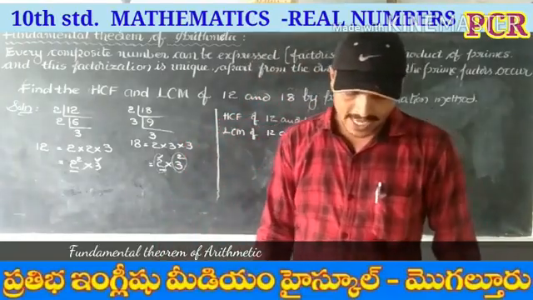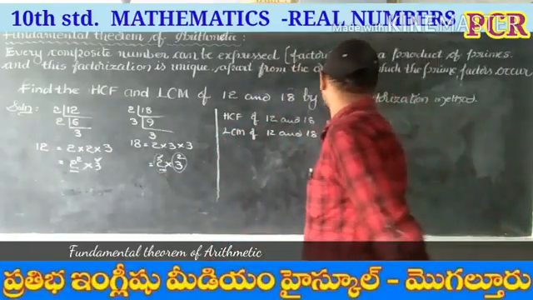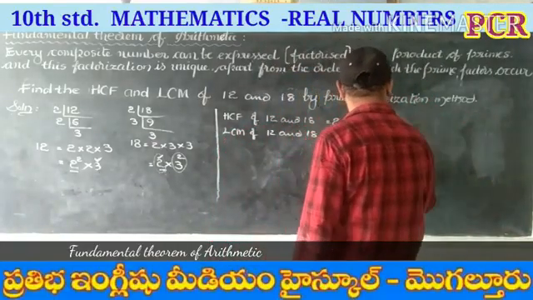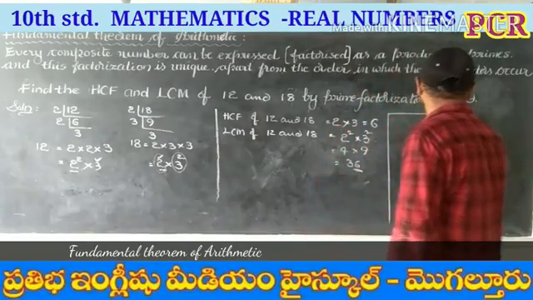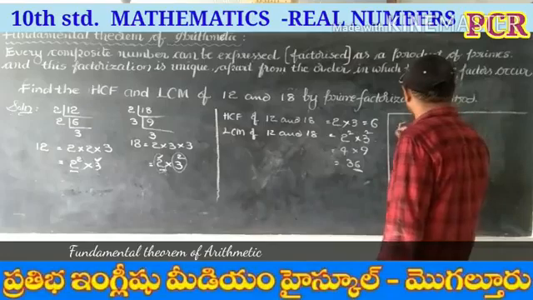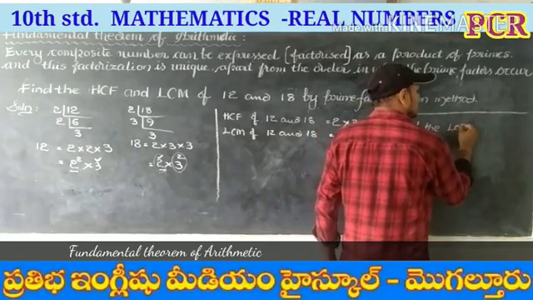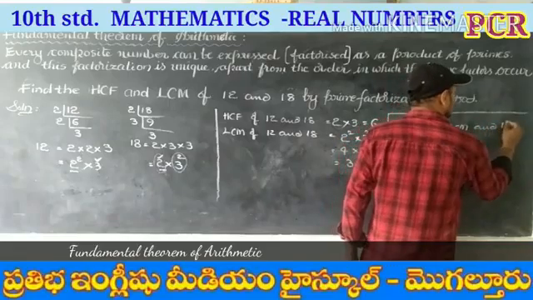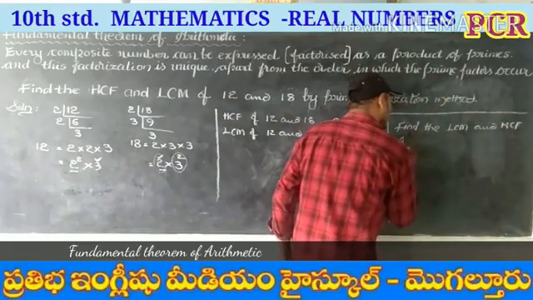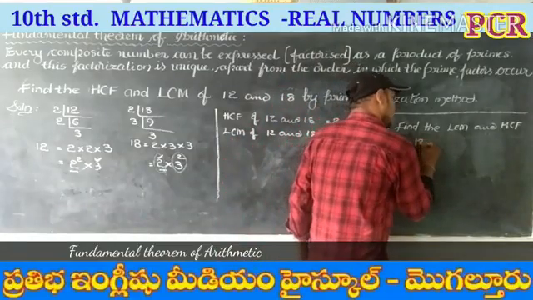Finding the LCM and HCF of 12, 15, 21. You can find the LCM and HCF of 12, 15 and 21.